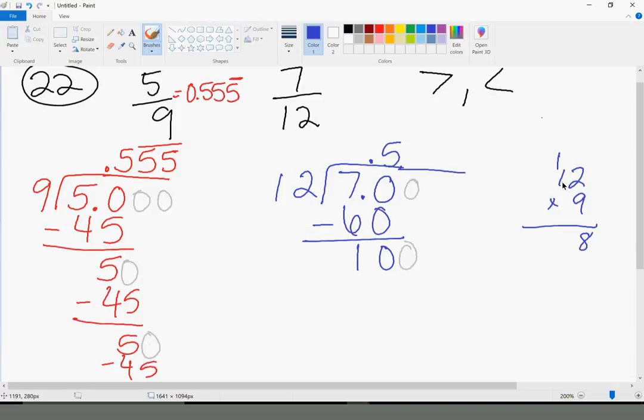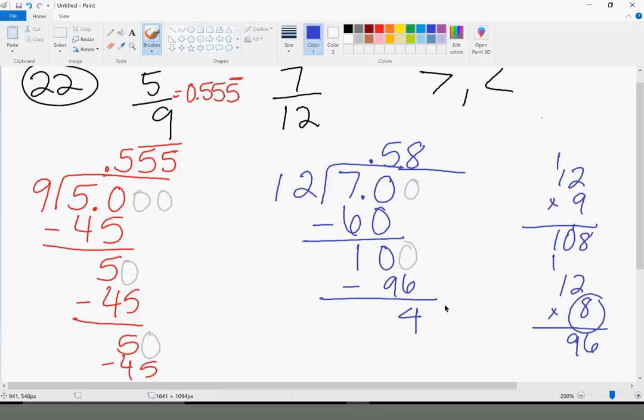Carry the 1. 9 times 1 is 9, plus 1 is 10. So 9 is too big. Let's do 12 times 8. That's probably the one we need. 2 times 8 is 16. Carry the 1. 8 times 1 is 8, plus 1 is 9. So that's what we want, 8. 12 goes into 100 8 times. 12 times 8 is 96. If you subtract, you get 4.